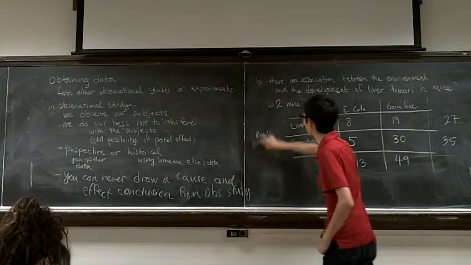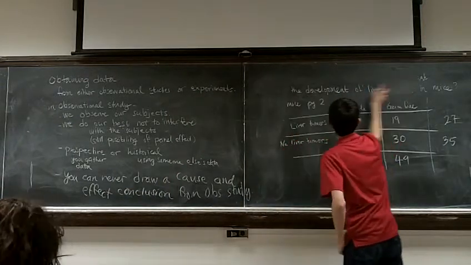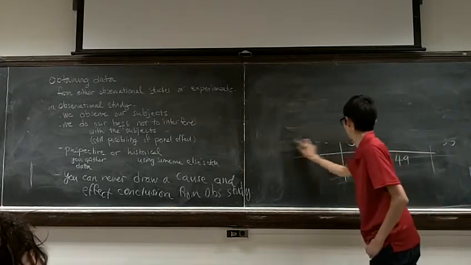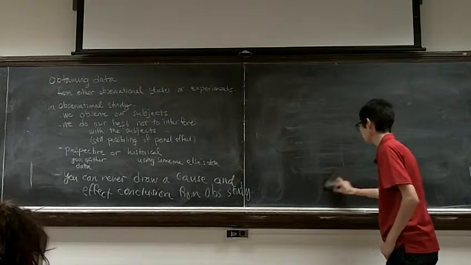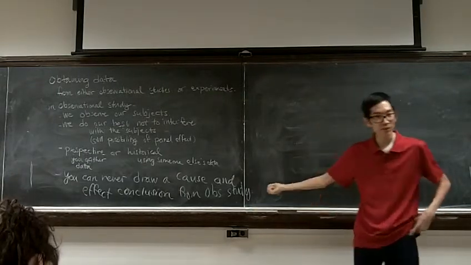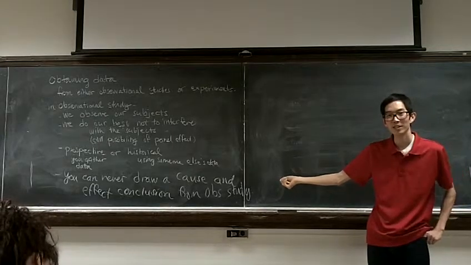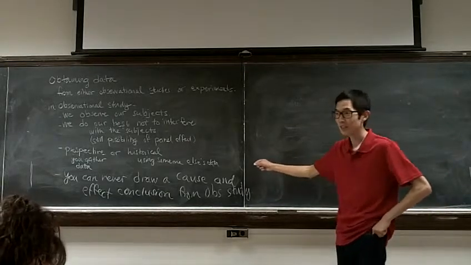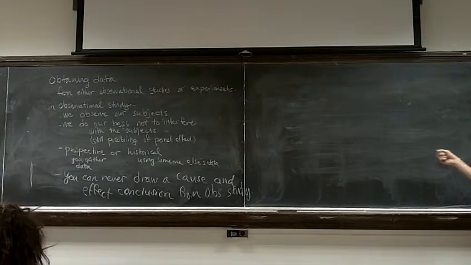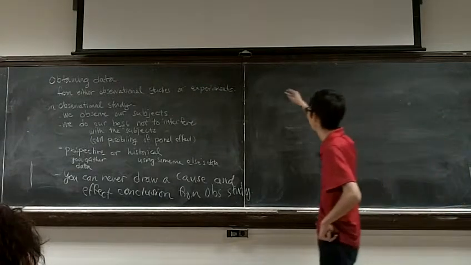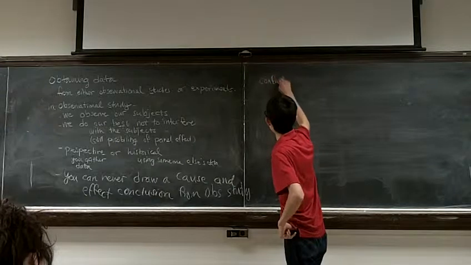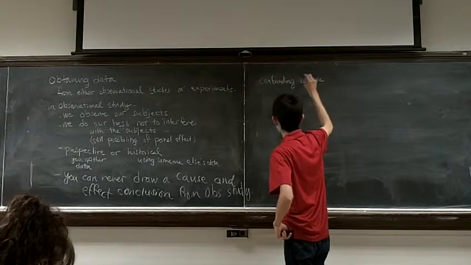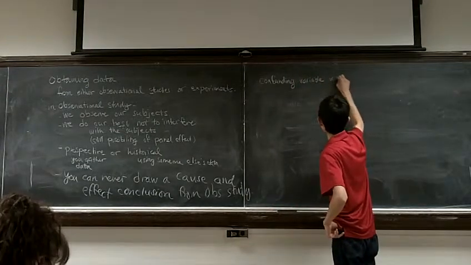Okay, so you can never draw a cause and effect conclusion from an observational study. Is there a reason why? Well, yeah, there's something called a confounding variable, or lurking variable, okay?